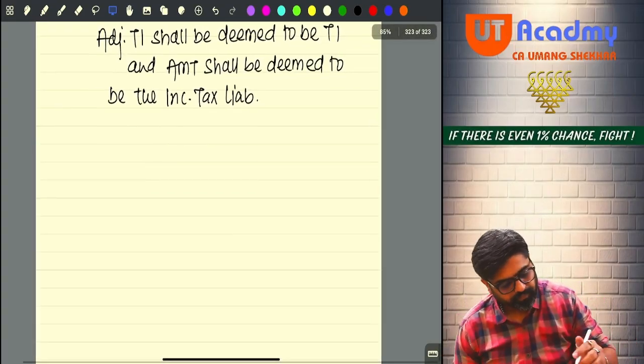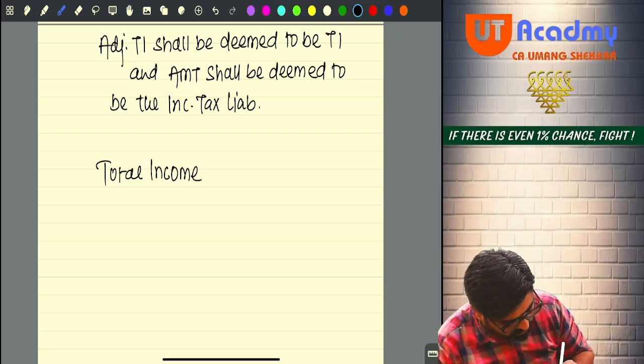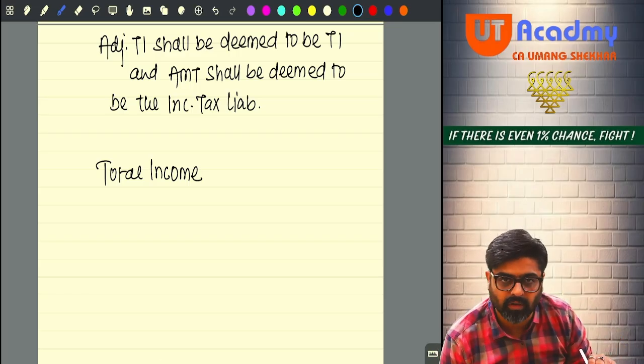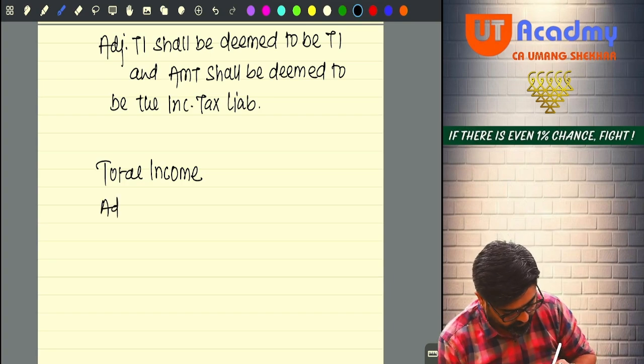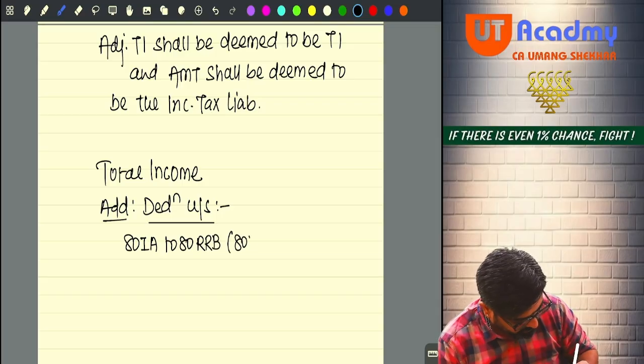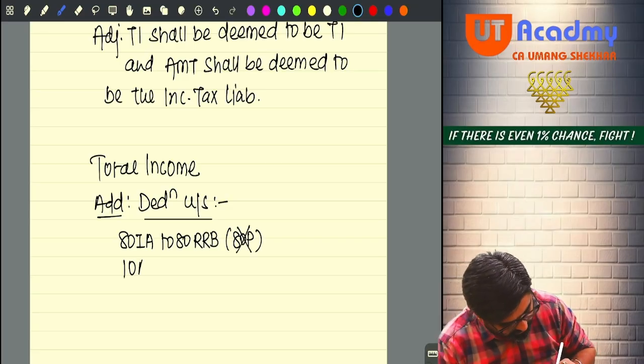So do one thing. Take your total income, the total income which you have calculated on a regular basis. Now this total income is after claiming all those deductions. Yes or no? In this, add the deduction which you have claimed under section 80IA to 80RRB except ATP, then 10AA and then 35AD.